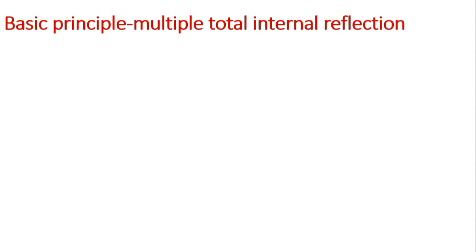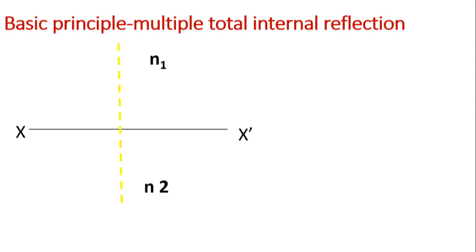The first thing is, in order to understand total internal reflection, I shall consider two regions of refractive index, that is n1 and n2. n1 is called the higher refractive index region, which is something like the core medium, and n2 is another region of refractive index, similar to the cladding.